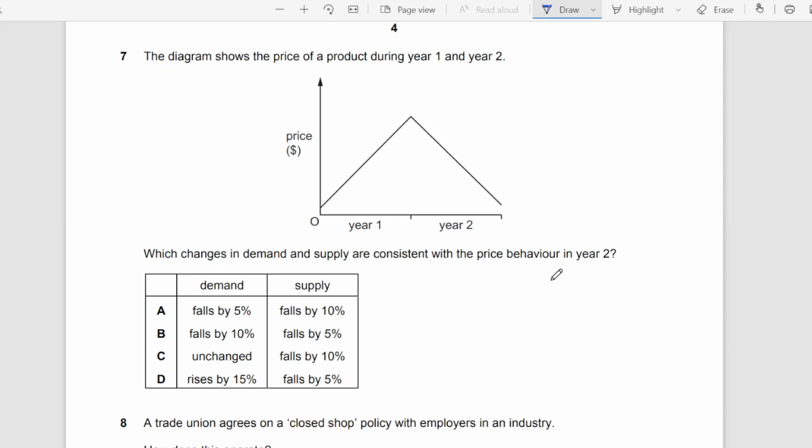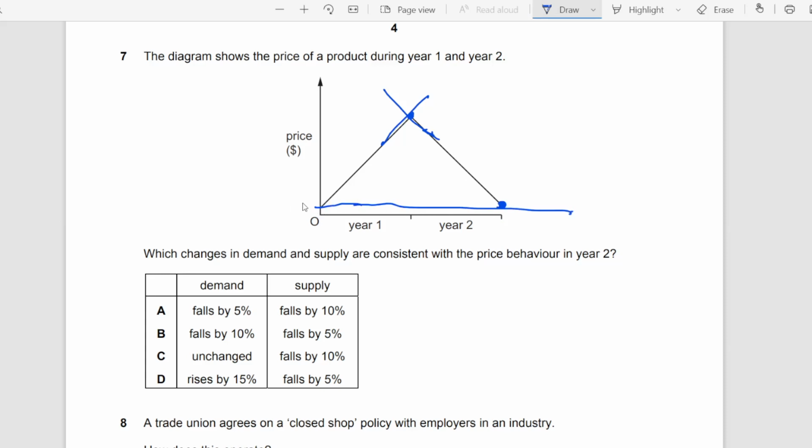Okay, demand falls by 5%. So you need to understand that. Look, let's say this is the price point at the beginning of year 2, and this is the price point at the end of year 2. So if we make a demand and supply curve, that means there should have been a shift, right?